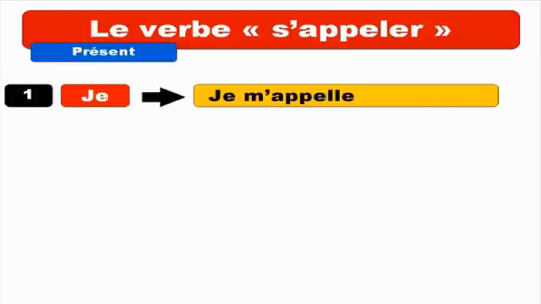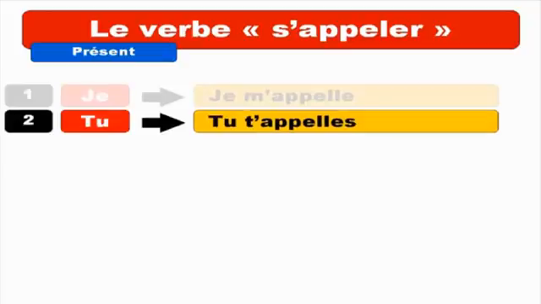Okay, so first form for je, it's je m'appelle. So that's the particularity of these verbs. You've got to add something, and usually for the first form it's me, but as you've got this vowel for the verb appeler, it disappears and you get this je m'appelle. Repeat.